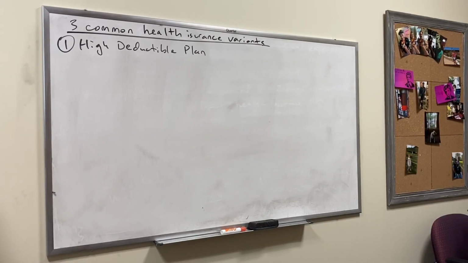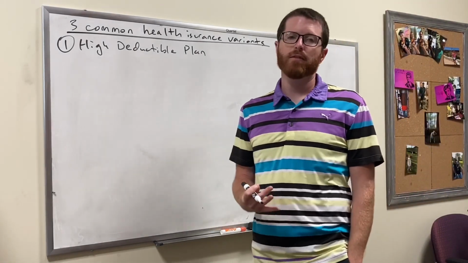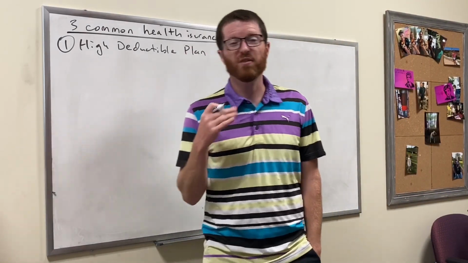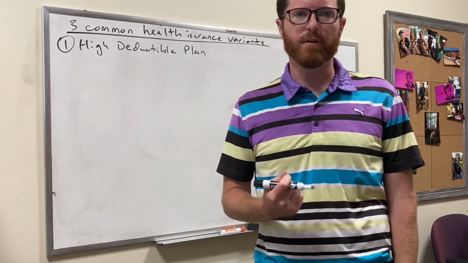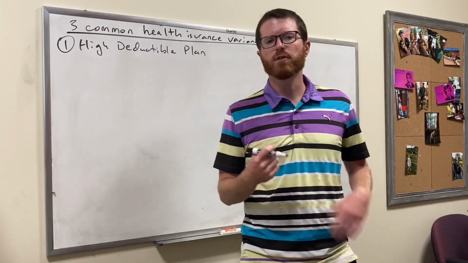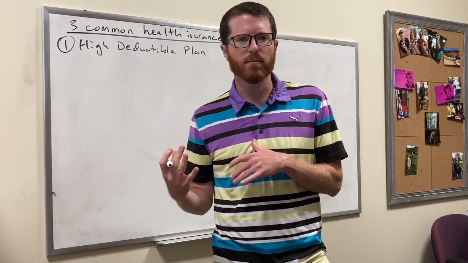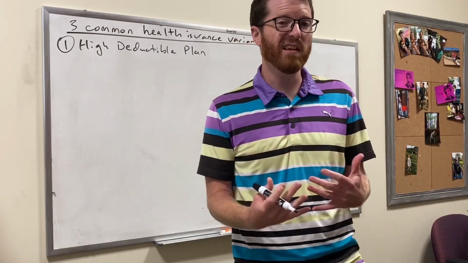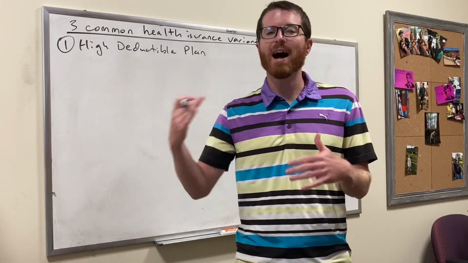All right. We're now going to talk about the 3 types of health insurance plans, and we're going to spend a lot of time on this first one because it's probably the plan you're going to use. It's called a high deductible plan, okay? Hopefully you'll recall from the last video, your deductible is how much you have to spend out of pocket before your health insurance provider pays for really anything, okay? And so a high deductible plan, just like it sounds, has a high deductible.